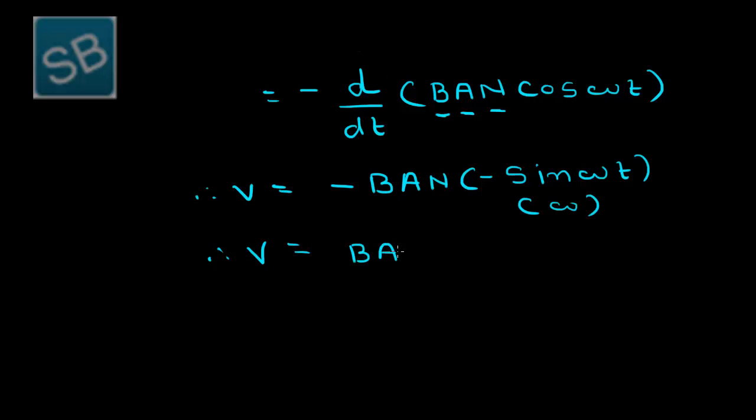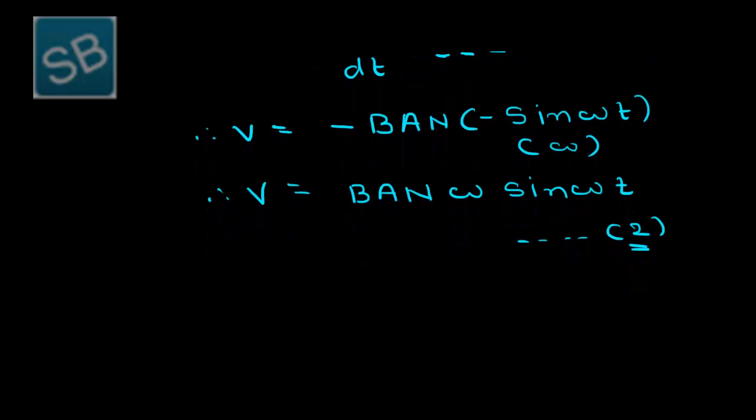So the final equation for induced EMF is BANω sin omega t. So this is my second equation. Comparing this equation with V is equal to Vm sin omega t, where Vm here I am using for maximum induced EMF in the coil.